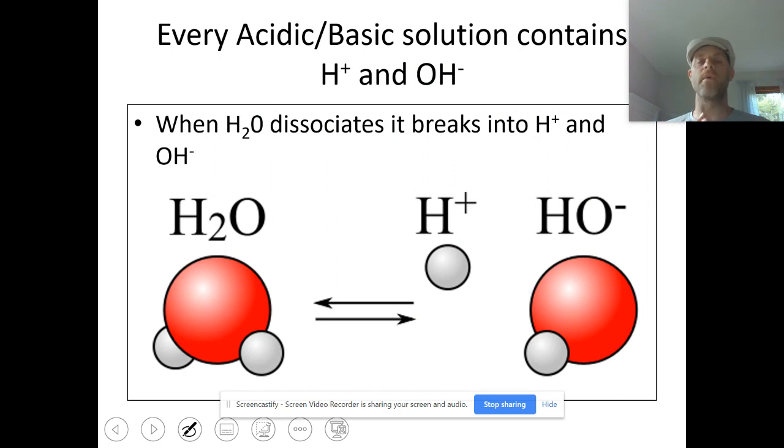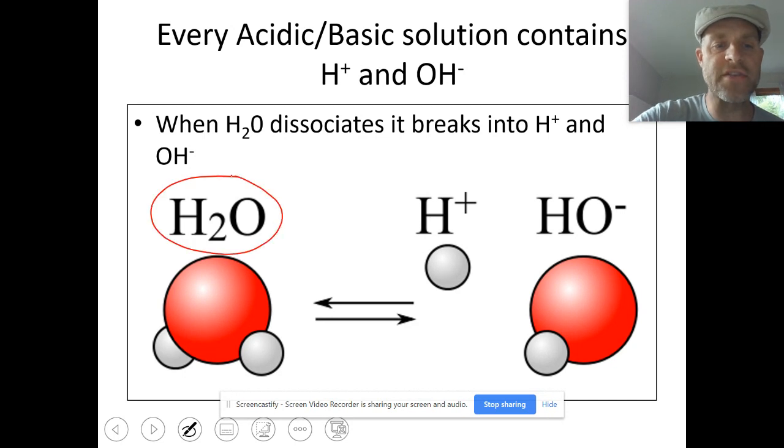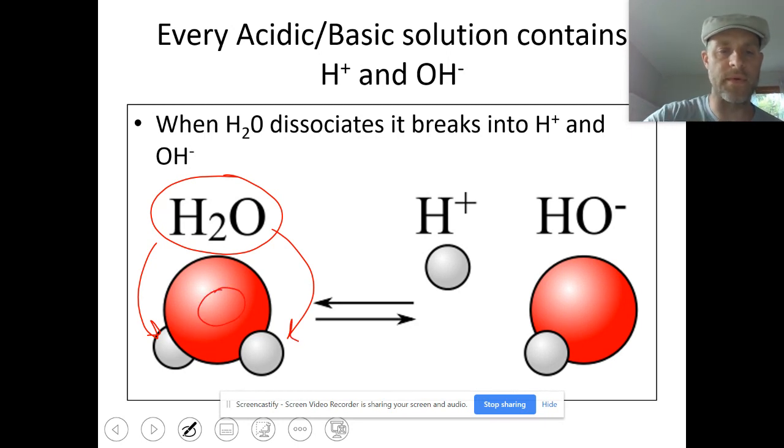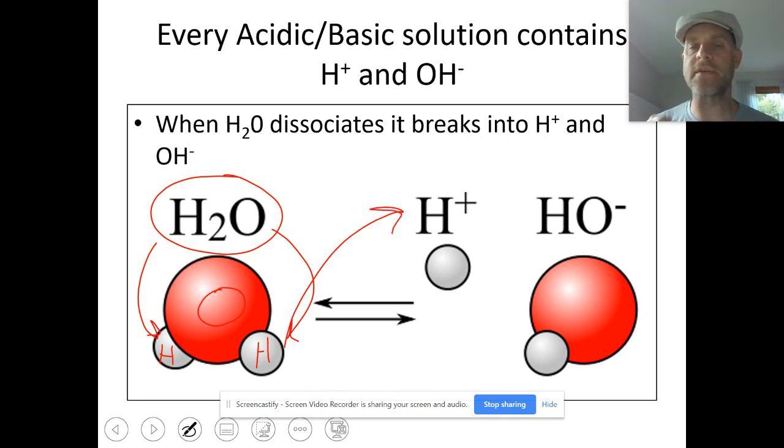Now, before we get going too far into that, I just want to show you why water is a 7, okay? Now, if you look at water, y'all know this. Water is H2O. It has 2 H's, that's these white beads, and it has 1 O, okay? It's H2O. But if you take that and break it apart, if I were to take one of these H's and break it off and form an H plus, I would start to form an acid.